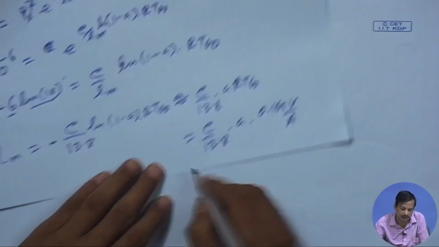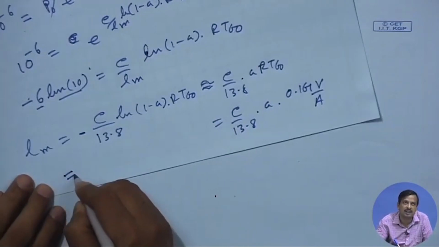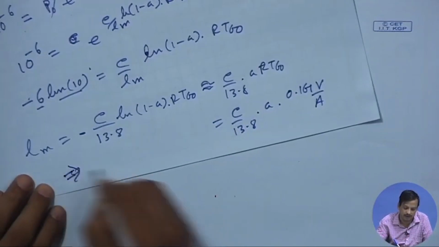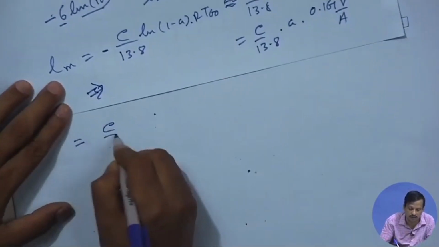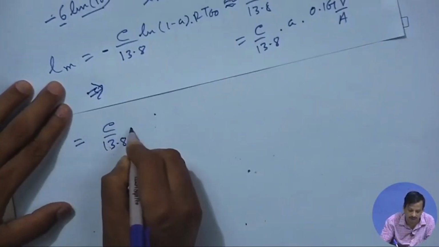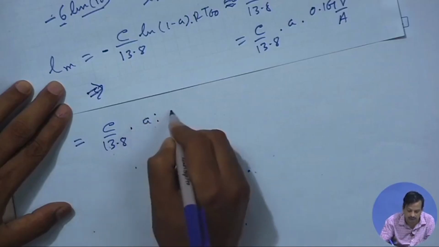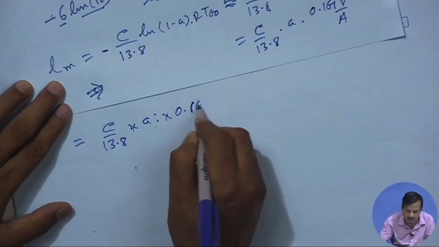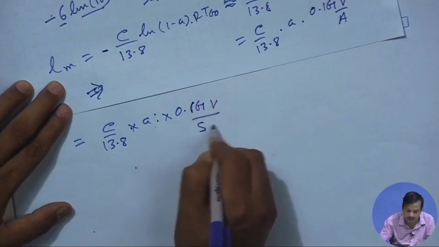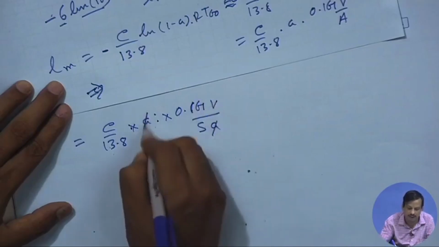So, what is A? Again I can write this is equal to c by 13.8 into a into 0.161 V by S into a. So, a and a cancel.